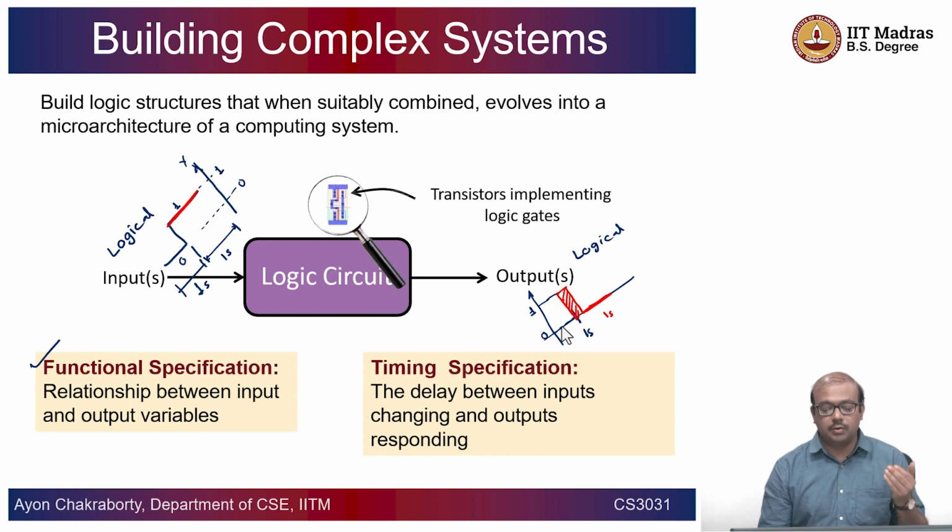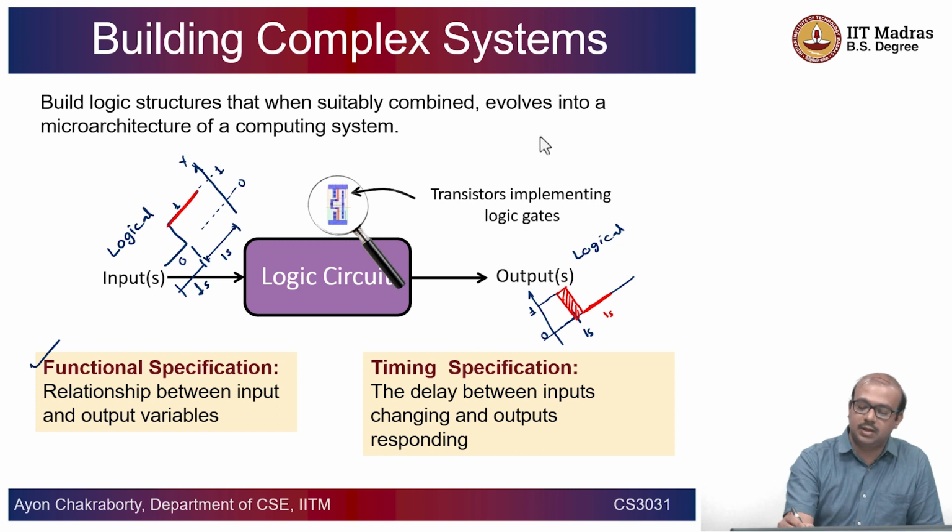So here you are going to have one input and one output, and it's a very simple logical circuit. The delay might not be much, right? Although there is a delay, when you have many such logical circuits cascaded, it is going to give rise to a significant amount of delay. So unless you have this assumption in your mind that each and every such logical circuit has an input and output delay or timing specification, you might end up with some kind of synchronization errors, right?